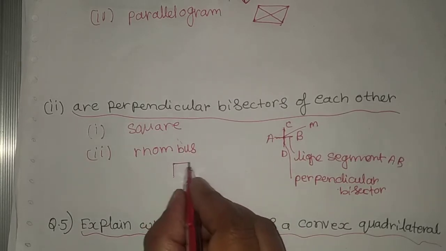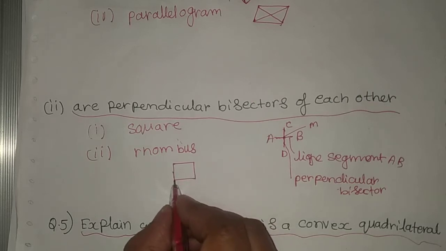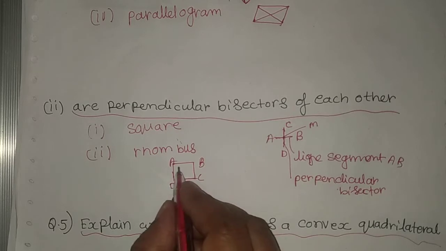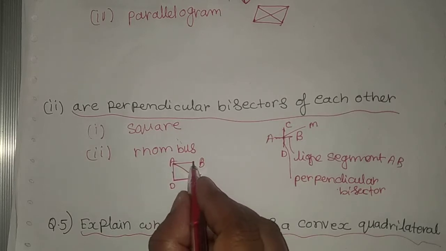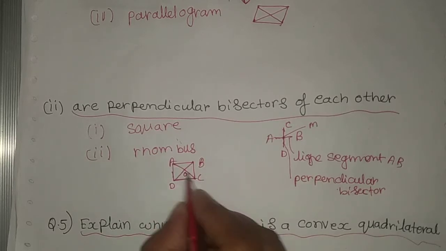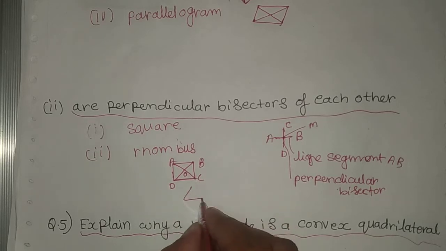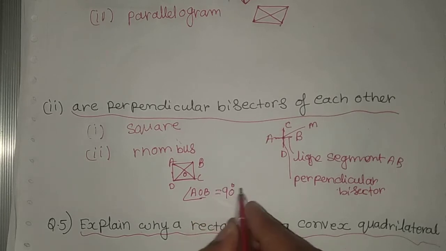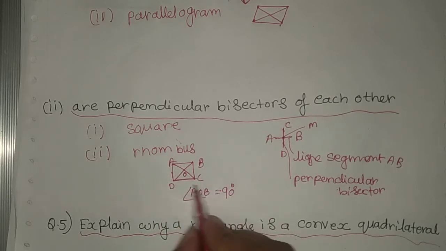See the square, if ABCD is a square, these are the two diagonals which bisect each other at the point O. Here the angle AOB is equal to 90 degrees. So this is called a perpendicular bisector.